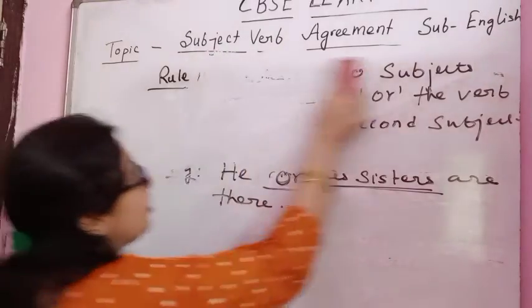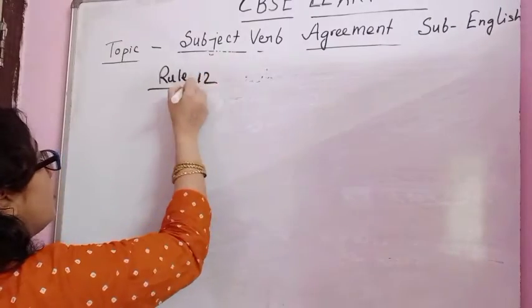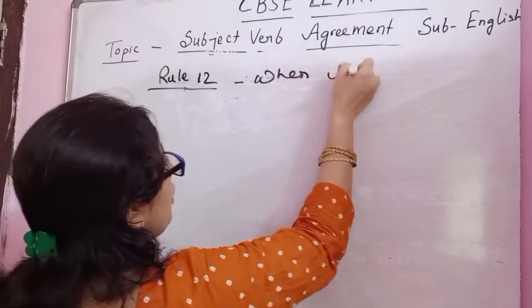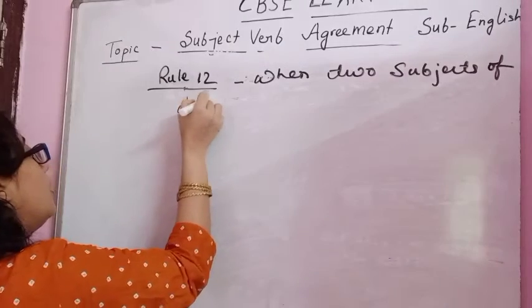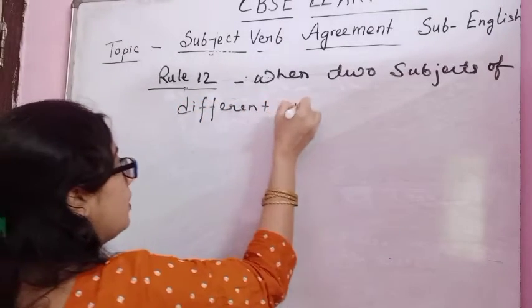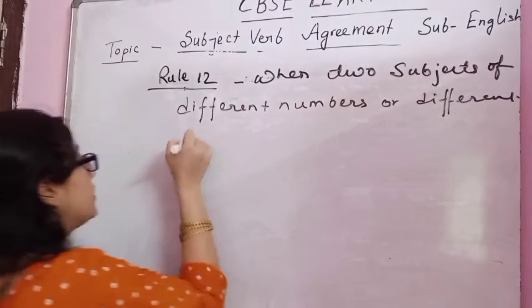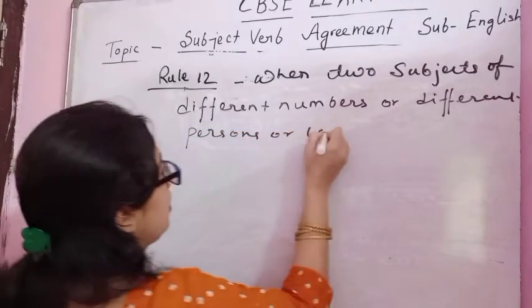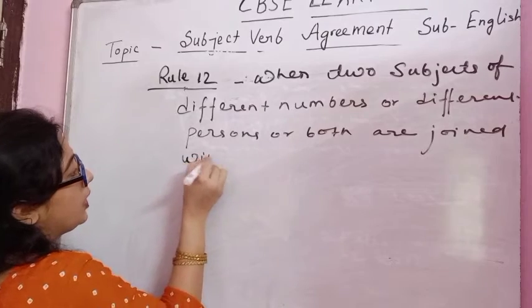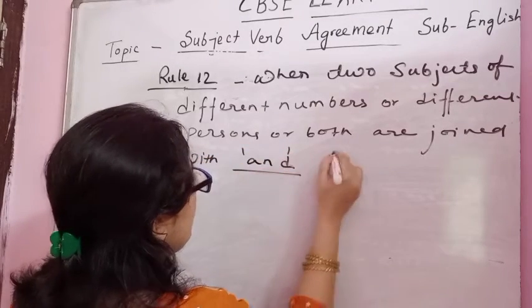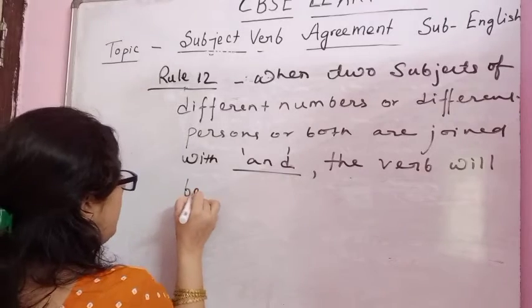So rule 12: when two subjects of different numbers or different persons or both are joined with "and," the verb will be plural.